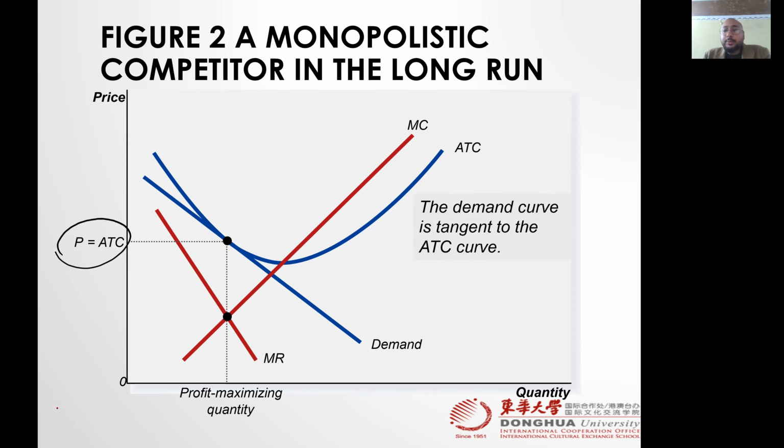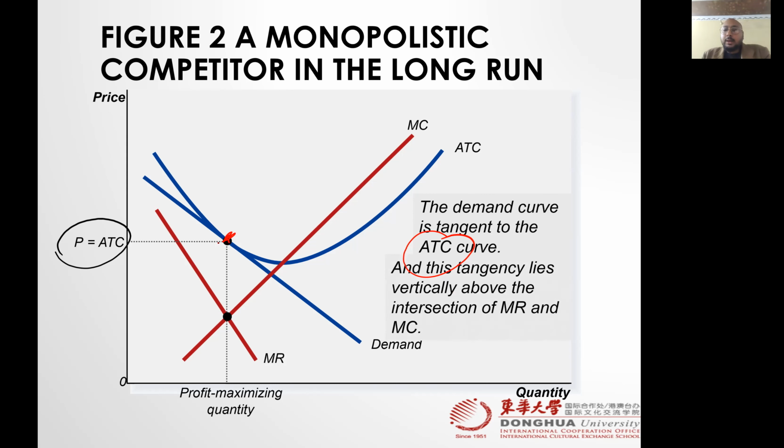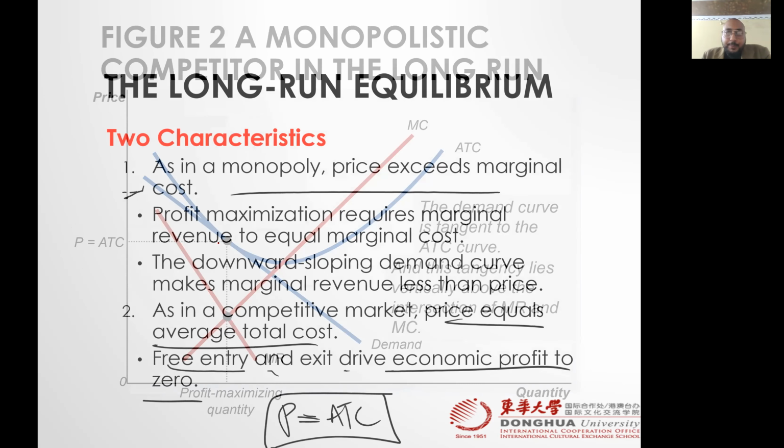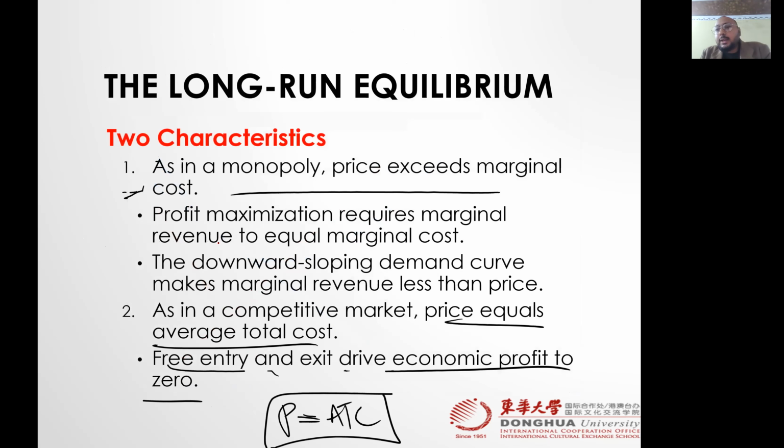So in this scenario, the demand curve is tangent to ATC, so that is a mathematical property, which means at this point both are equal. So it means, as in a monopoly, price exceeds marginal cost.